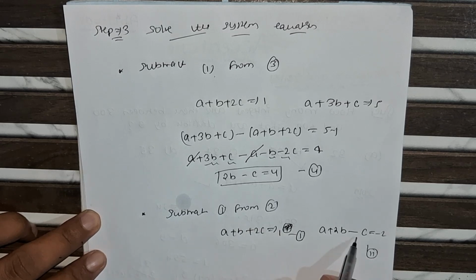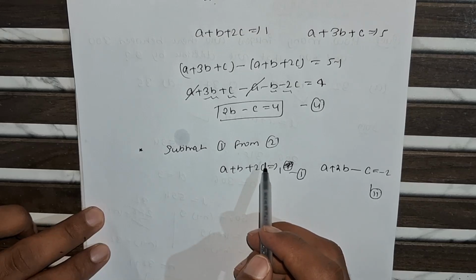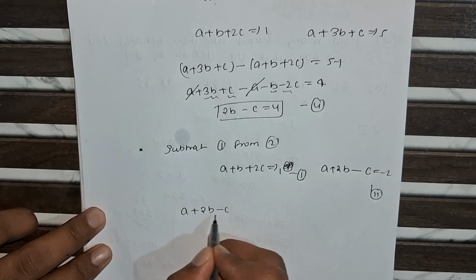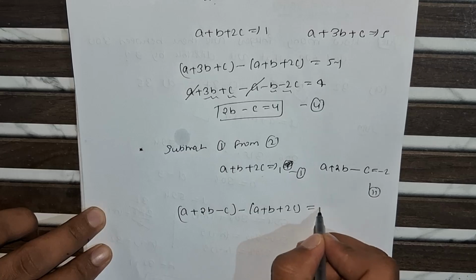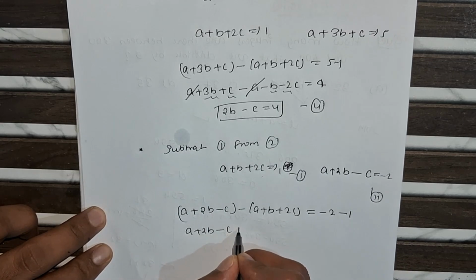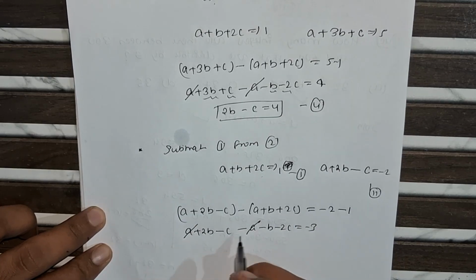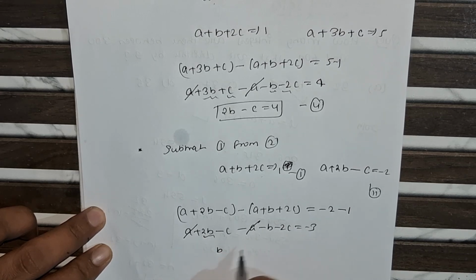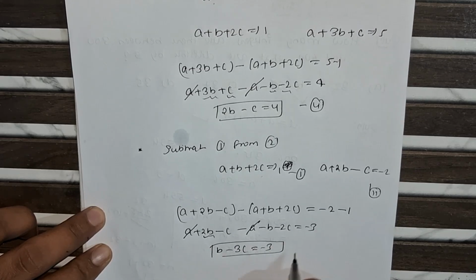So we subtract equation 1 from equation 2. (a plus 2b minus c) minus (a plus b plus 2c) equals -2 minus 1. So a plus 2b minus c minus a minus b minus 2c equals -3. The a cancels out. Now 2b minus b is b, and minus c minus 2c is minus 3c, so b minus 3c equals -3. This is our fifth equation.